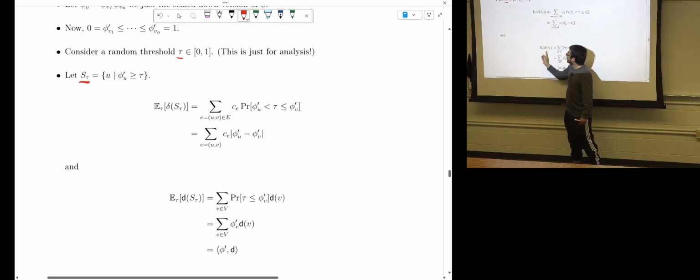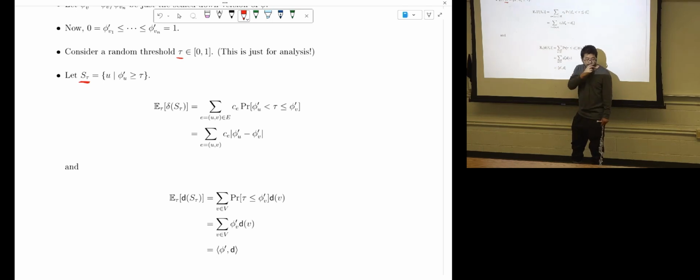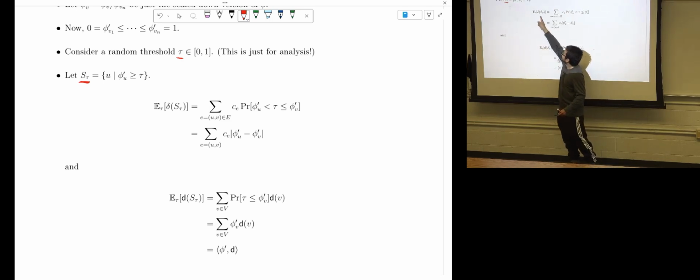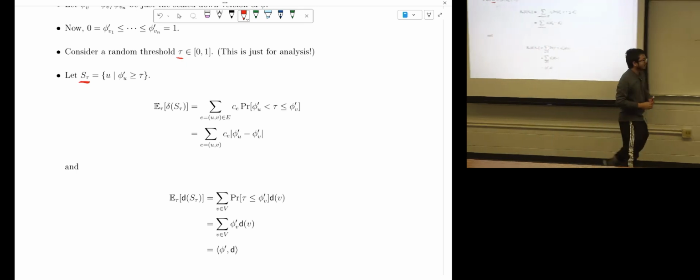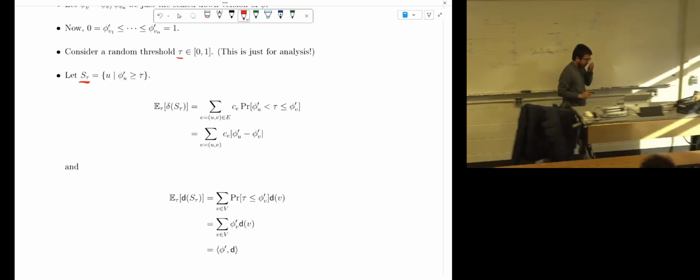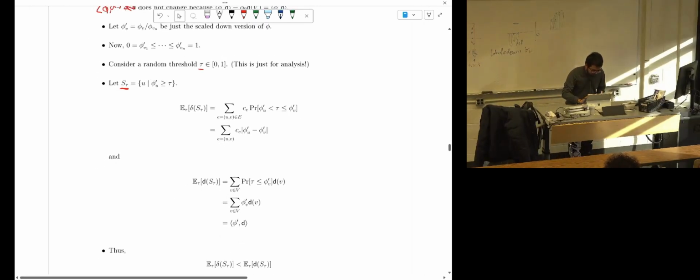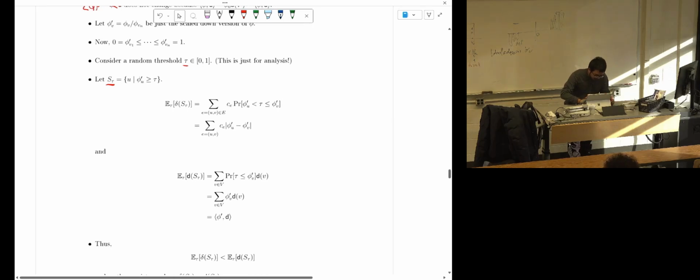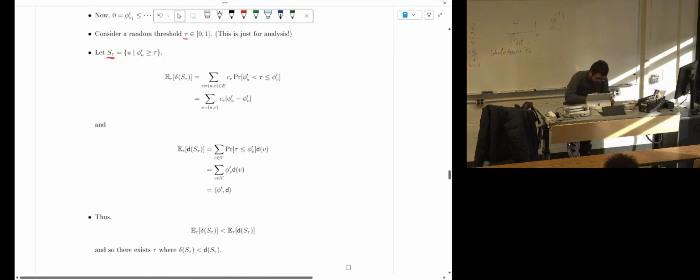If this is smaller than this, then what does it mean? If you get these two things, then this thing is less than this.